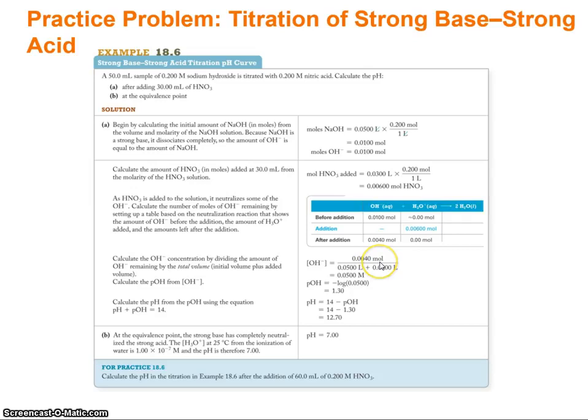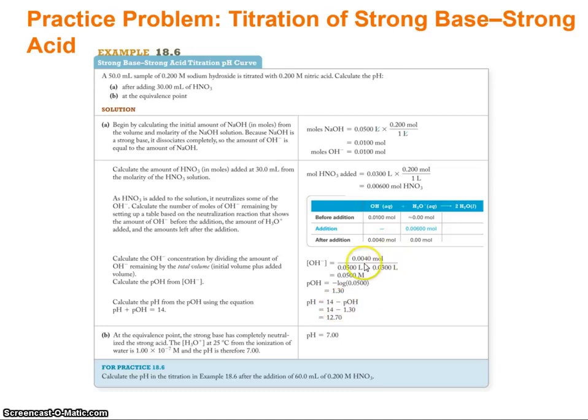Take that 0.004 moles of hydroxide, divide by the total volume of 80 milliliters, or 0.08 liters. Figure out the hydroxide ion concentration is 0.05 molar. Take the minus base 10 log of that to get the pOH, and then find the pH from there. And with a strong acid, the pH is 7 at the equivalence point.